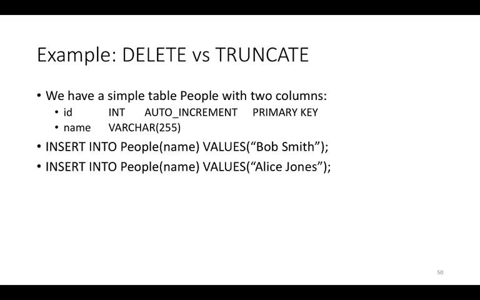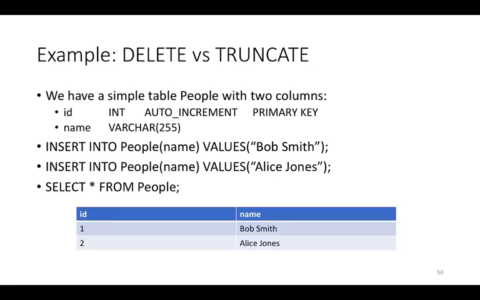We insert a few values into it, Bob Smith and Alice Jones, and then we have a selection and we have a look. So we've inserted these people, we haven't given the ID, because ID is an auto increment. It's a new table, starts at 0, it's given Bob Smith 1, Alice Jones 2, and if we were to insert a third person, it would give them ID 3, 4, 5, 6, and so on and so forth. So that's a standard table with an auto increment in it.